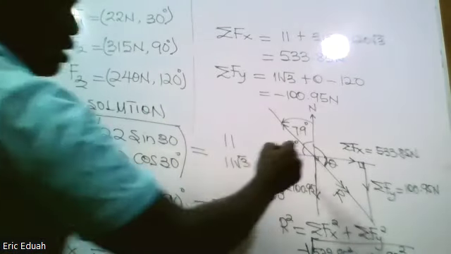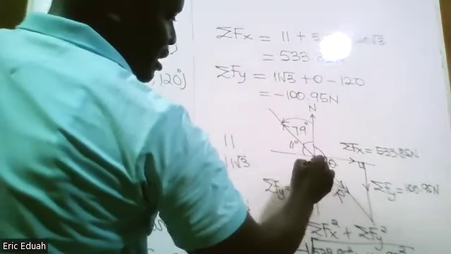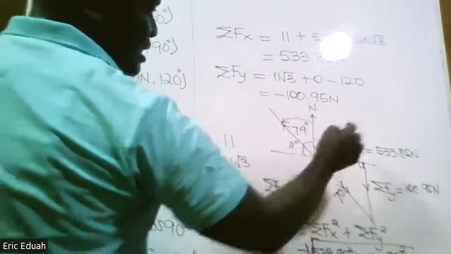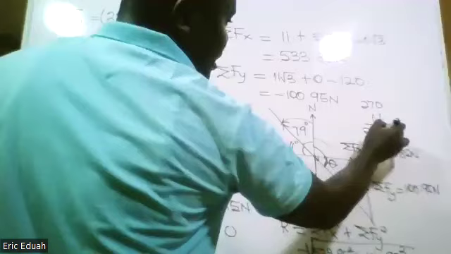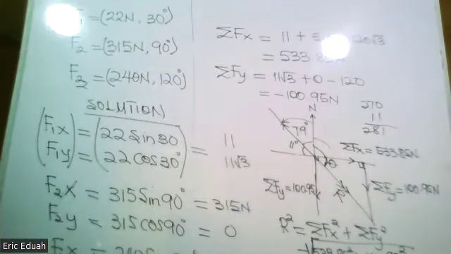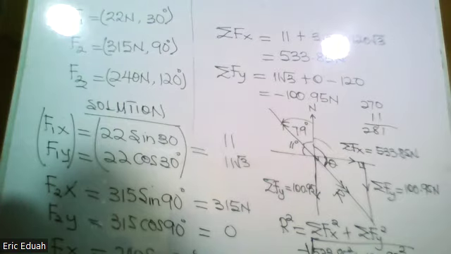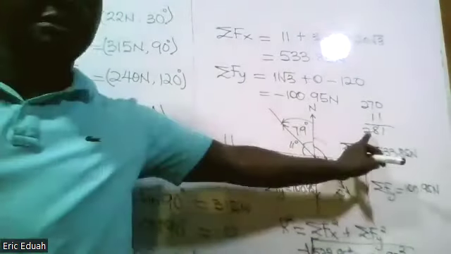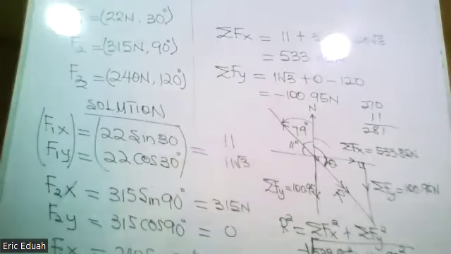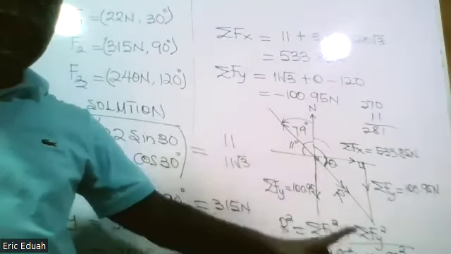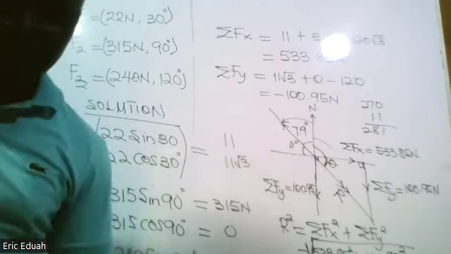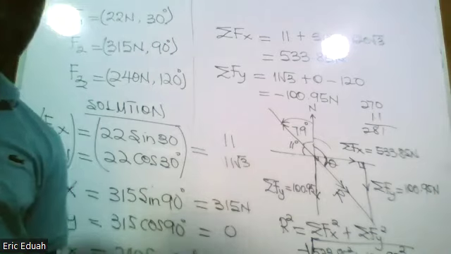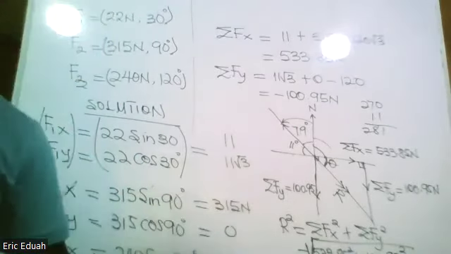Or if this is 11, from here to here is 270. So 270 plus 11 would also be 281 degrees. The moment you write 281, we all know it must be a clockwise direction, or you can specify. So the direction can be 79 degrees from the north, or 281 degrees from the north. This is the direction of the equilibrant, but its magnitude is the same as the resultant.